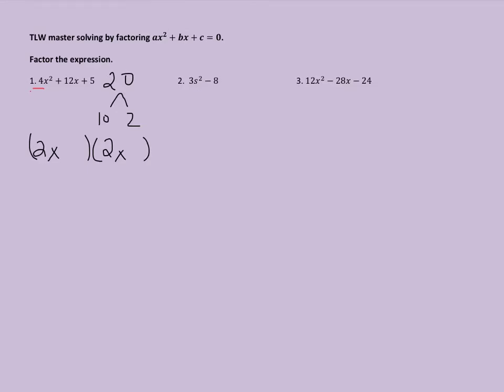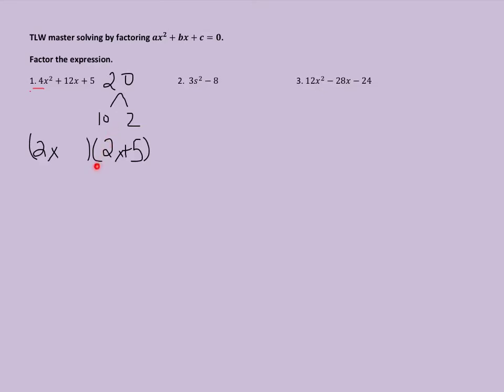Okay. So now, what do I have to multiply 2 by to have it equal 10? 5. What do I have to multiply 2 by to have it equal 2? 1. When I ask what do I have to multiply 2 by to have it equal 10 and I say 5, it goes in the opposite.